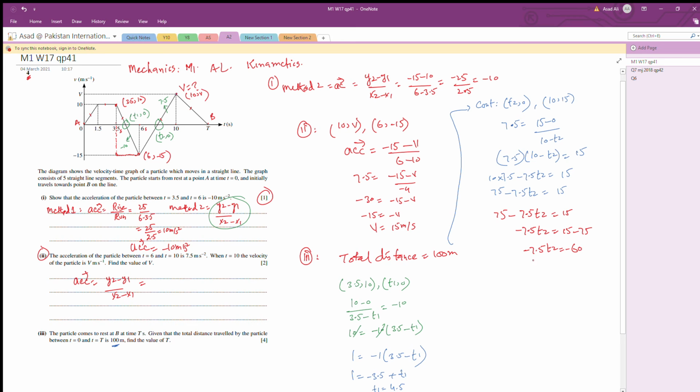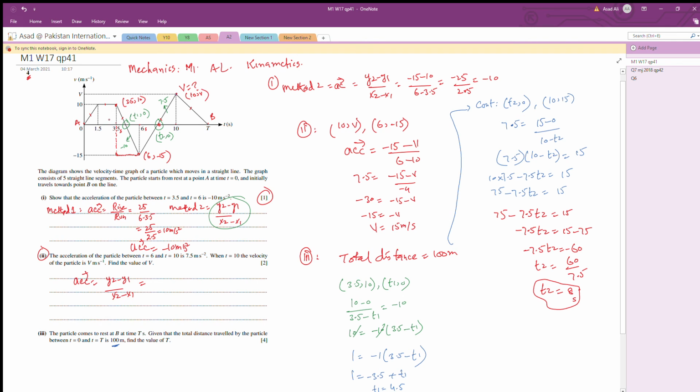Good. Now t2 is equal to 60 over 7.5, which is 8. Let's check it: 60 divided by 7.5 is 8. So t2 is equal to 8 seconds.